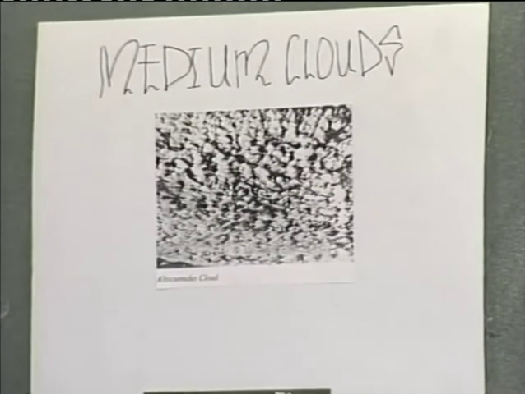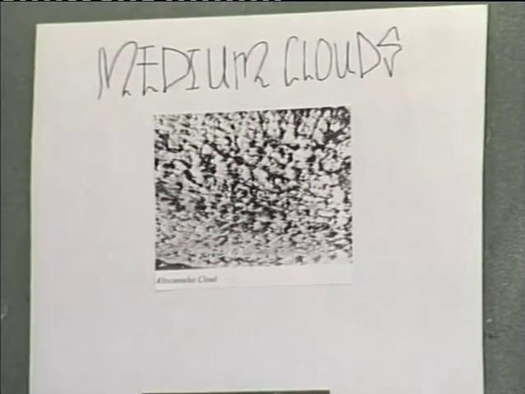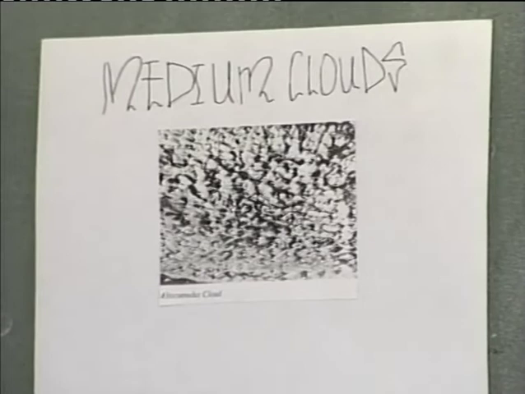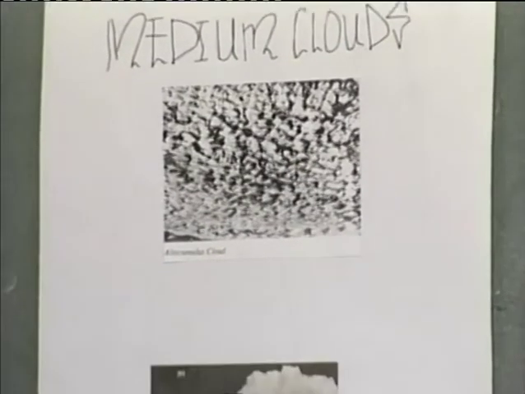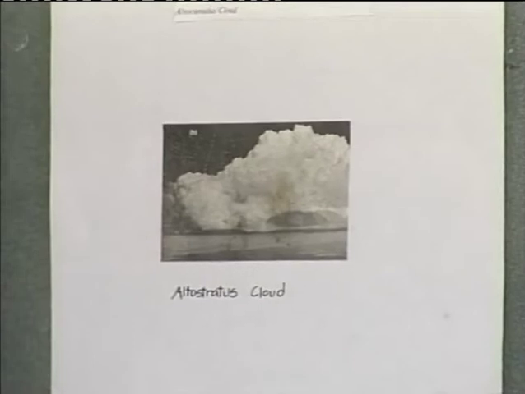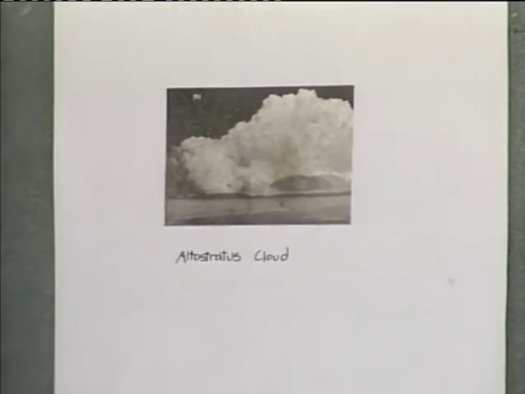Its characteristics are a globular, bumpy-looking cloud with a flattened base, which indicates fine weather. The second one down here is the altostratus cloud, which is grayish and watery looking and is usually accompanied by rain.